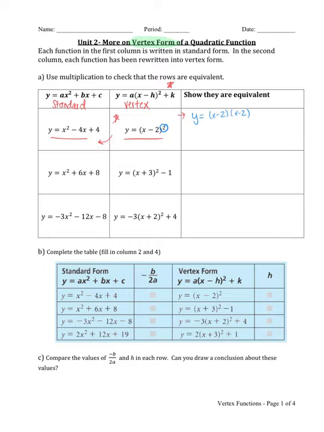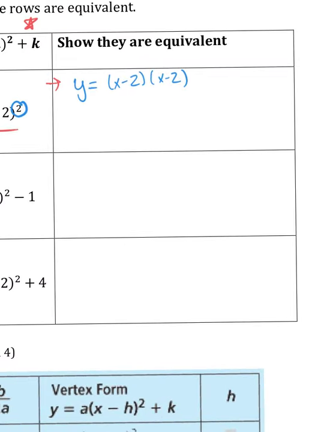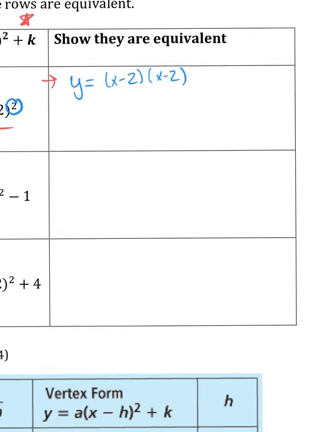So I'm going to zoom in so I have a little bit more room. Okay, and I'm going to go ahead and use the box method. So I'm going to draw my box, okay? I'm going to have it a little bit tiny. And remember, your first parenthesis goes on top, so x minus 2. And on the left, same thing, x minus 2, okay? And then all we're going to do is multiply.